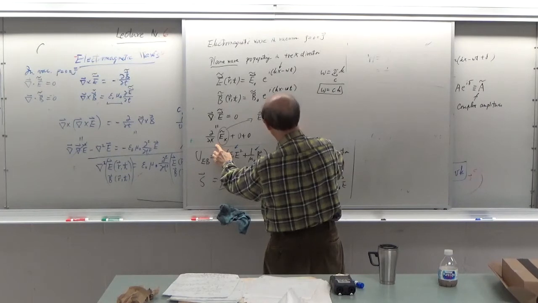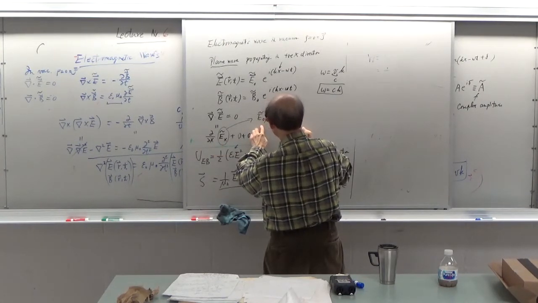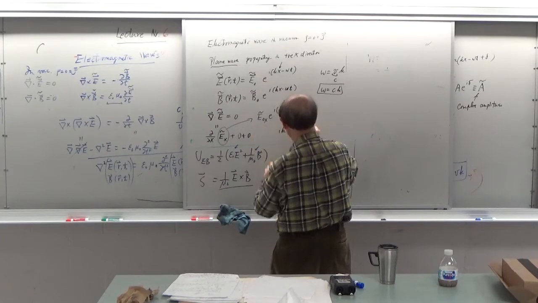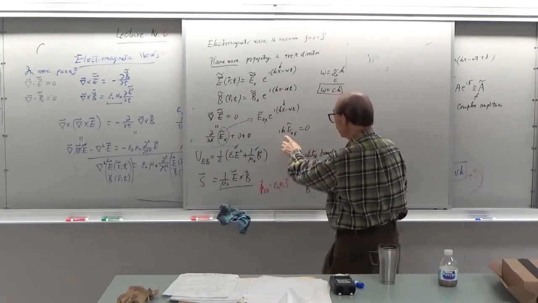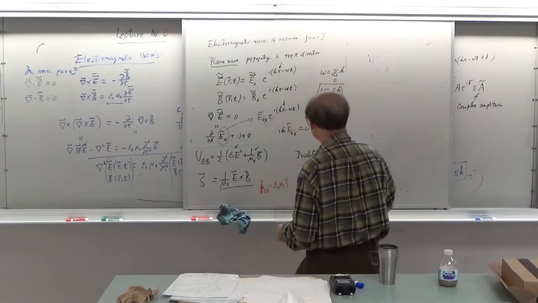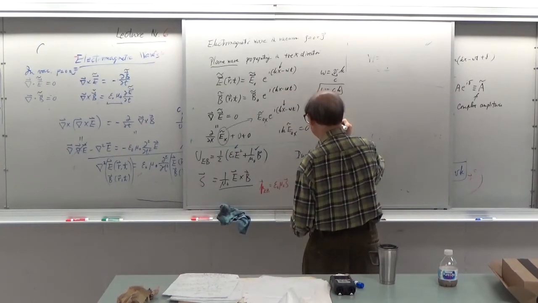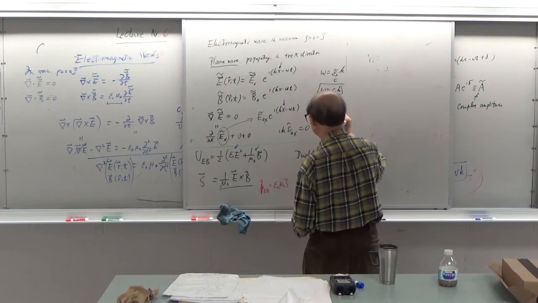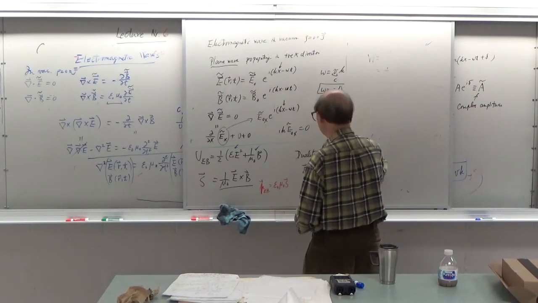So that we have i k times E naught x is 0. k is not 0, otherwise there would be no propagation. So we have come to the conclusion that the x component of the wave is 0.